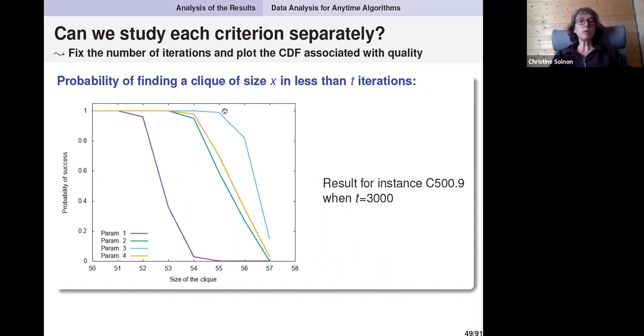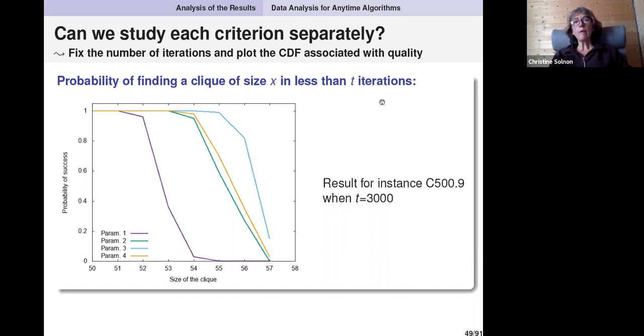And in this case, the best parameter is the blue parameter, because it has a probability of 1 to find a click of size up to 54, and then it decreases, but slower than other parameters.